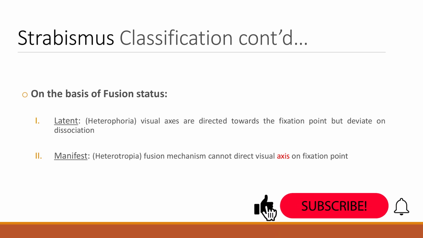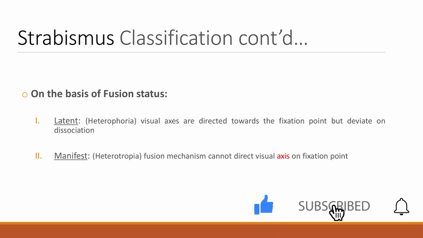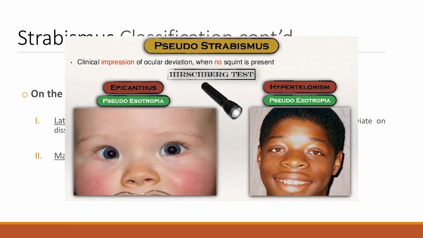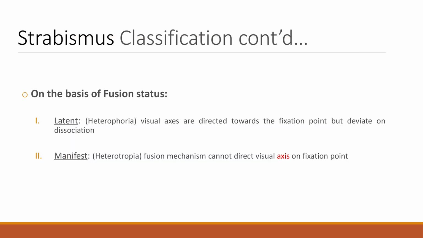On the basis of fusion status, latent strabismus or squint is also called heterophoria. The visual axes are directed toward the fixation point but deviate on dissociation. Or the latent squint is defined as a squint that is covered by the strong fusion of the patient.